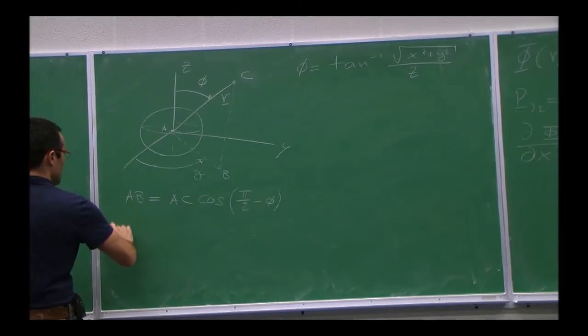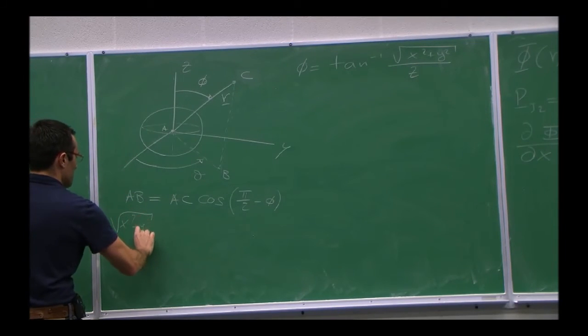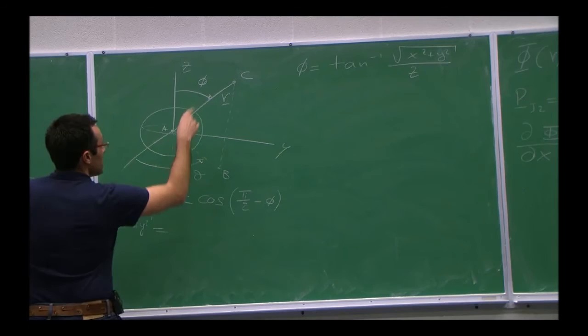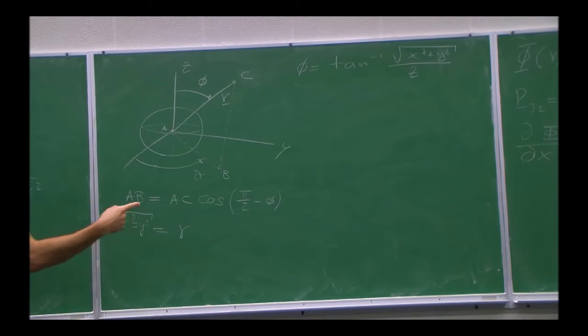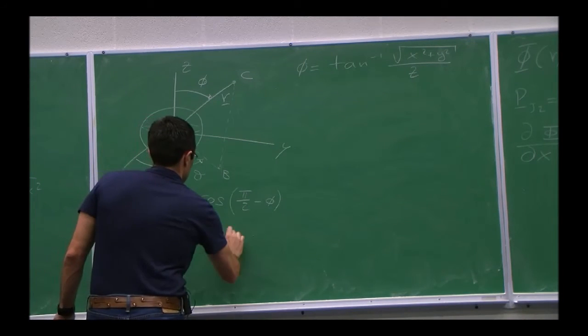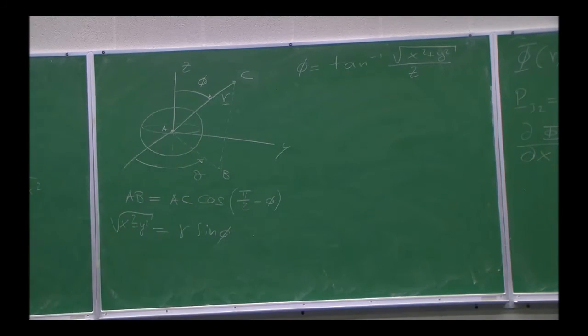Now the side AB is that square root of x squared plus y squared. The AC is r, and the cosine of pi over 2 minus phi is sine of phi, right? So in other words, I do recognize the sine of phi down here, right?